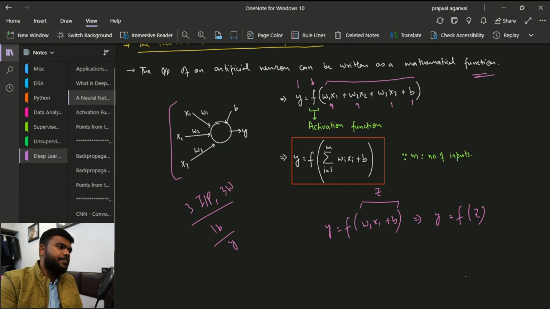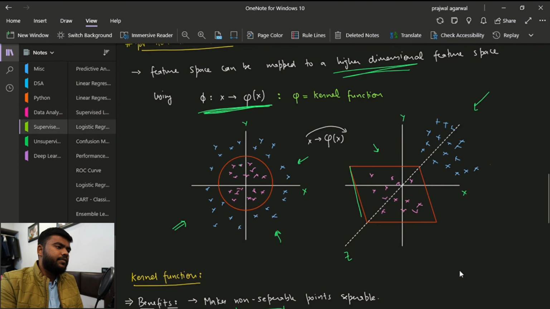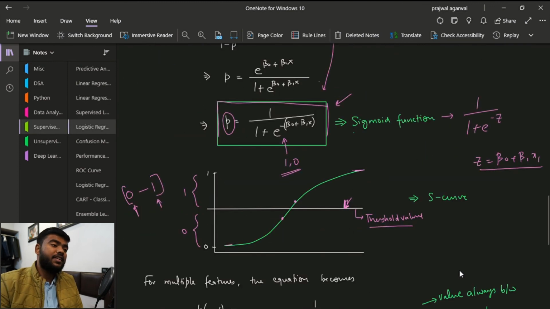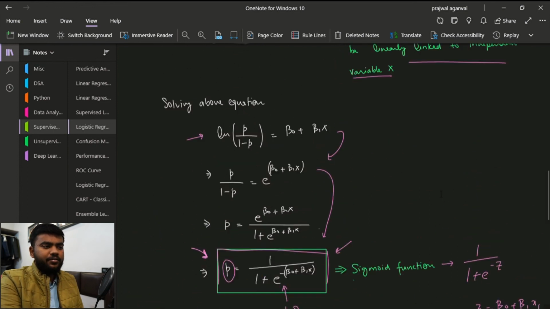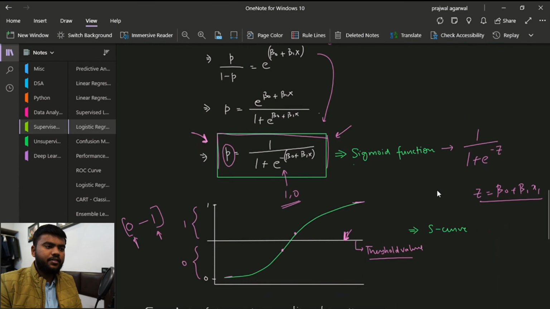If you remember, in supervised learning we learned about logistic regression, and I said that this function is going to be very useful to us. The takeaway from that video was just this function, nothing else was that important. And I had already actually written this here.